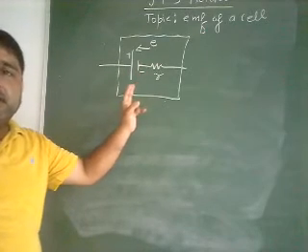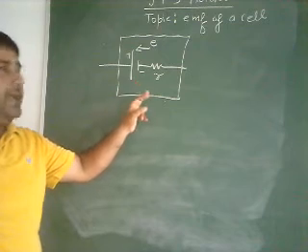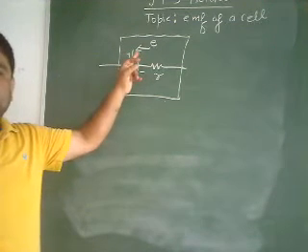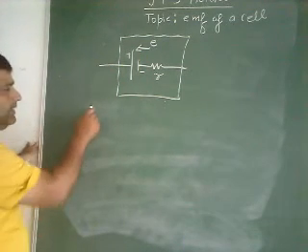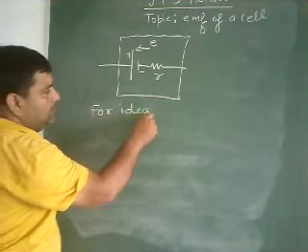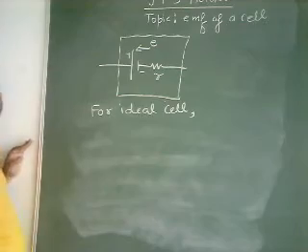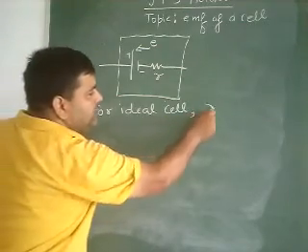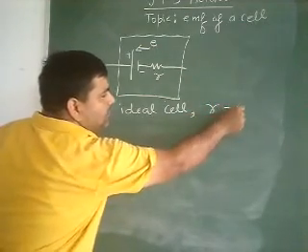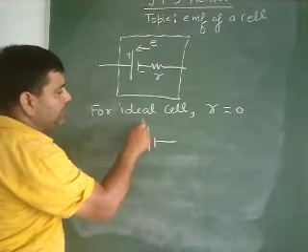For an ideal cell, internal resistance must be 0. So this is your ideal cell.